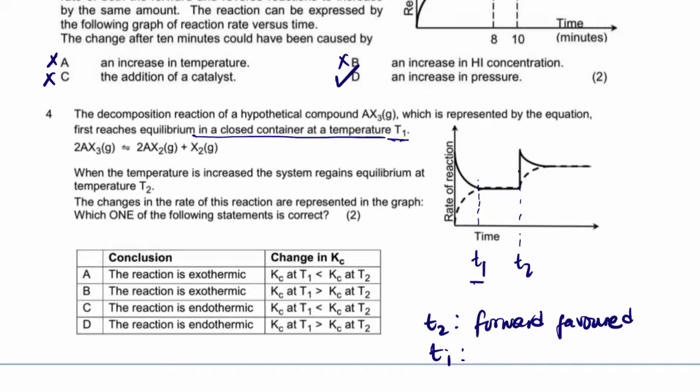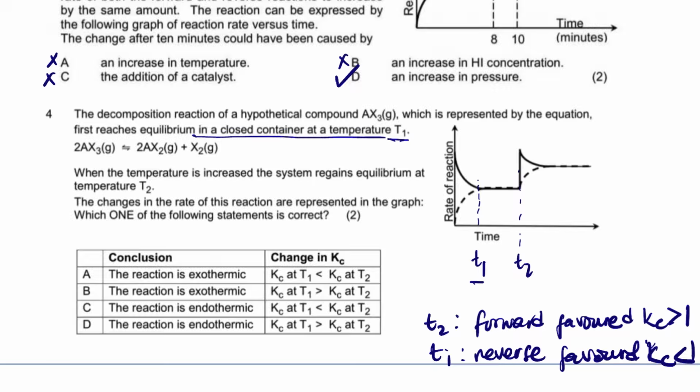Okay, let me finish by saying that if forward is favored, guys, that means the product will increase. So if the product increases, that means the Kc will be bigger, greater than 1. But at T1, the reverse was favored, and the Kc is less than 1. So if Kc is less than 1, that means the reverse is favored, right?